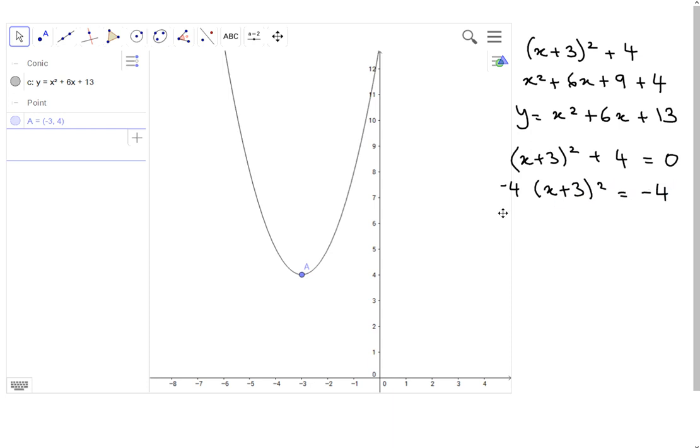But now when you try to square root, you'll have x plus 3 equals plus or minus the square root of -4, and you can't actually square root a negative number. So that's how you prove it, because you're not going to get any x values, the curve doesn't have any x-intercepts.